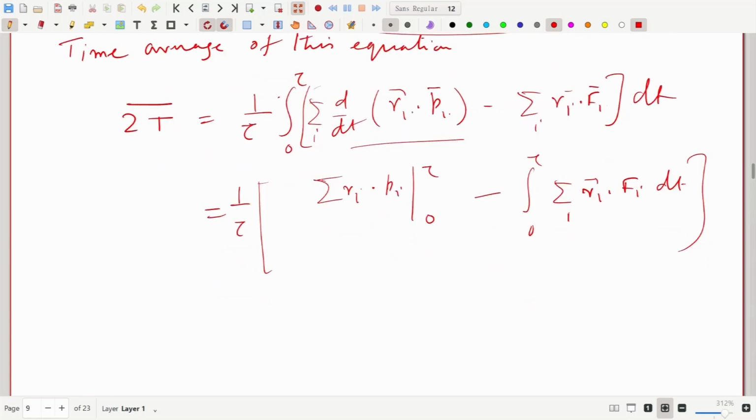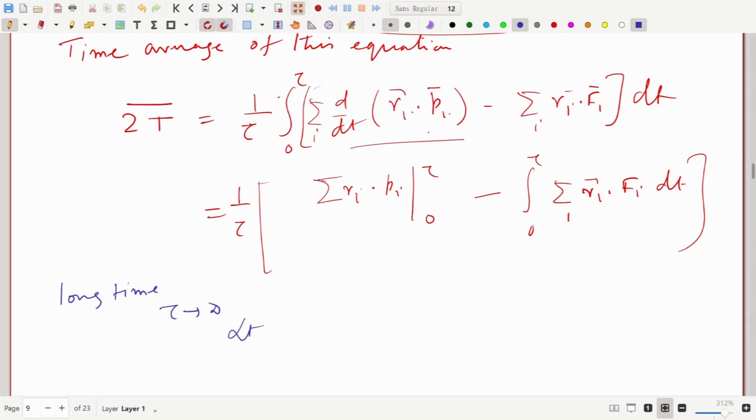Now, let me consider the long time average. Please concentrate only on the first term. Long time average means tau going to infinity.